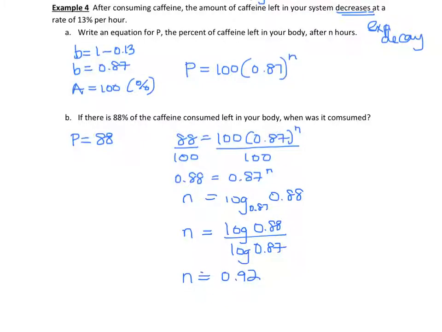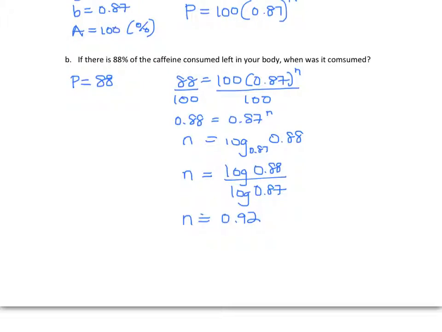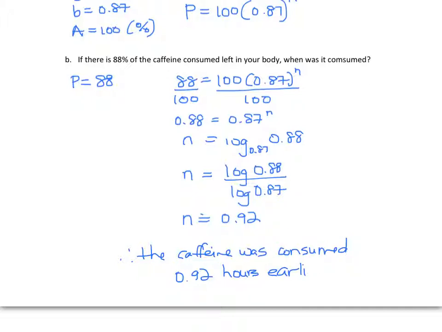And we find out that the caffeine was consumed almost an hour previously. So therefore, the caffeine was consumed 0.92 hours, in other words, not quite 1 hour, earlier. And that concludes this lesson.